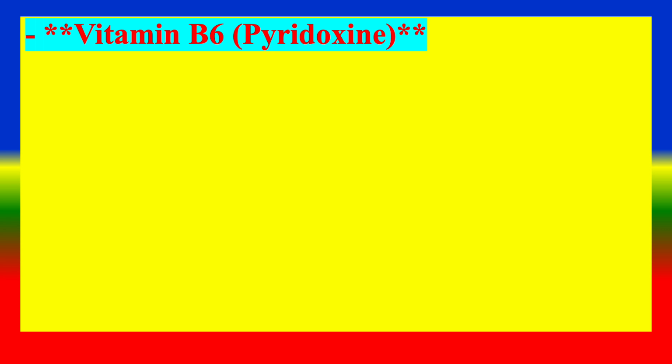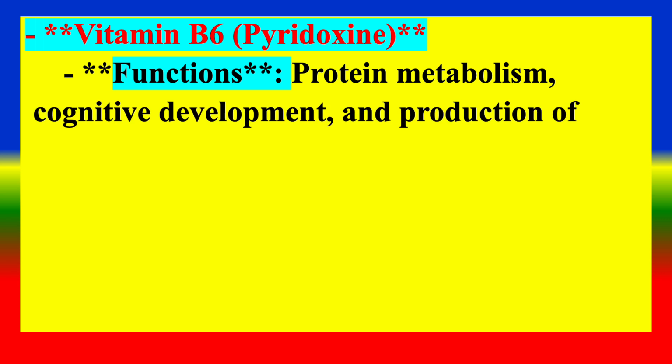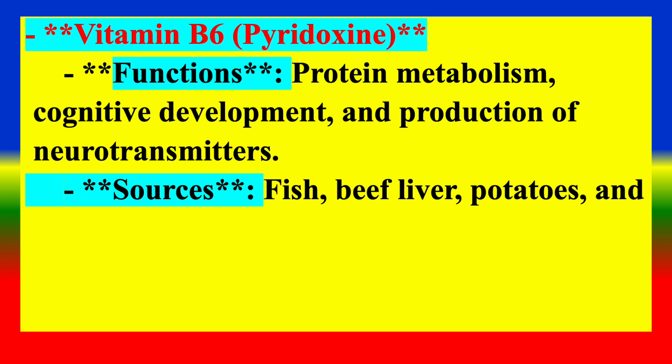Vitamin B6, pyridoxine. Functions: protein metabolism, cognitive development, and production of neurotransmitters. Sources: fish, beef liver, potatoes, and non-citrus fruits.